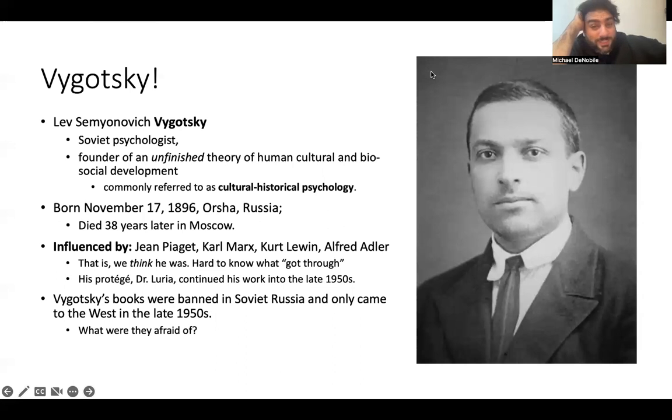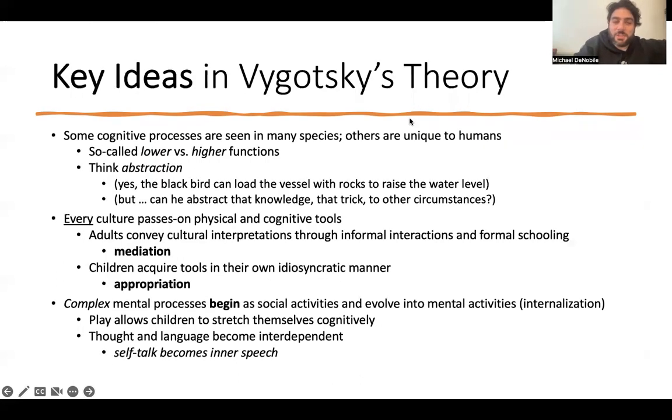So what Soviet Russia might have been afraid of in terms of Vygotsky's work is that the state isn't in charge of the education of the individual child. It's the social historical constructs, which include the family. And for Soviet Russia, they had to be in charge of everything, including education. So that's Vygotsky in a nutshell.